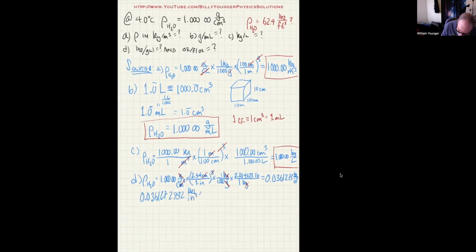Now what I'm going to do is say, okay, well, I know that 12 inches is equal to 1 foot. And then I'm going to have to cube that, of course. And then that inch cube will cancel out with this inch cube. So I'm basically just going to take this number and multiply it by 12 times 12 times 12.